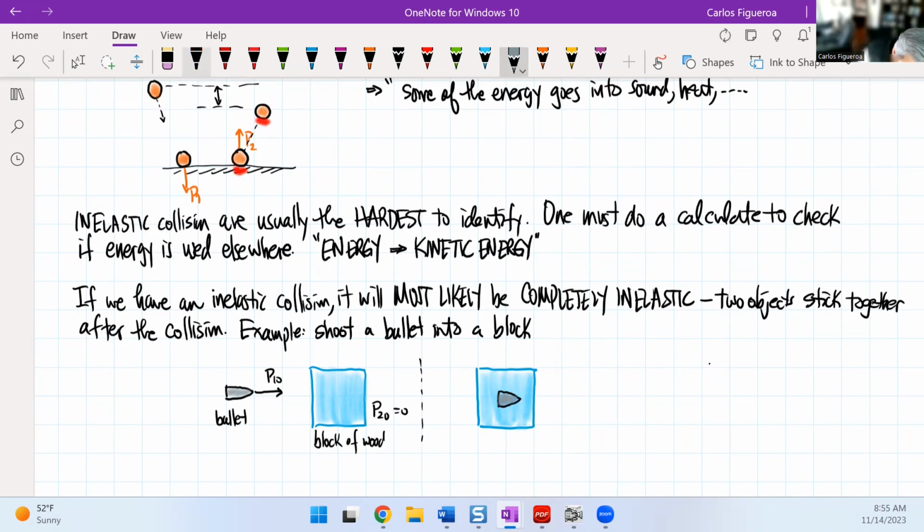And these guys now move together with some final momentum, where it's really the momentum of the bullet plus the momentum of the block afterwards. Let me be careful here. So now it's really the mass of the bullet plus the mass of the block moving with some final speed. This is a completely inelastic situation.